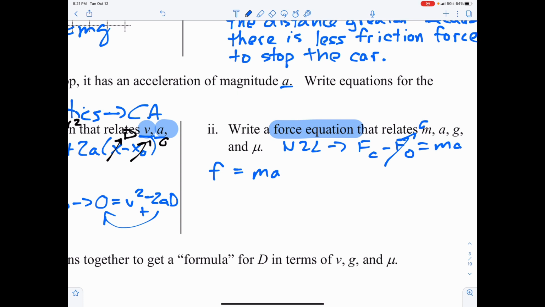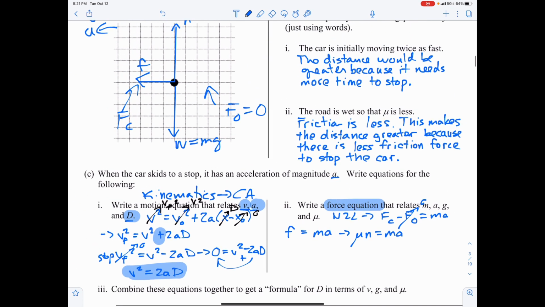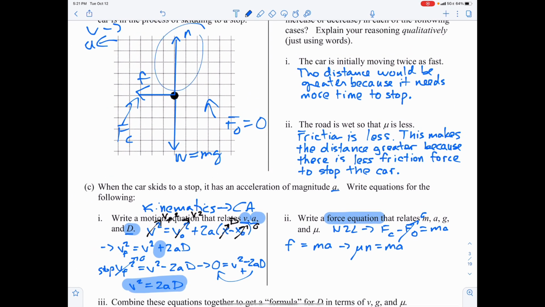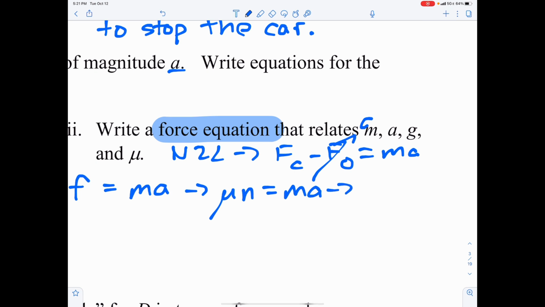Now, friction, if you remember, is equal to mu times normal force. So we can rewrite this as mu times normal force equals ma. But if you remember from the diagram, normal force balances weight, so normal force is also equal to mg. So this becomes mu mg equals ma, right?